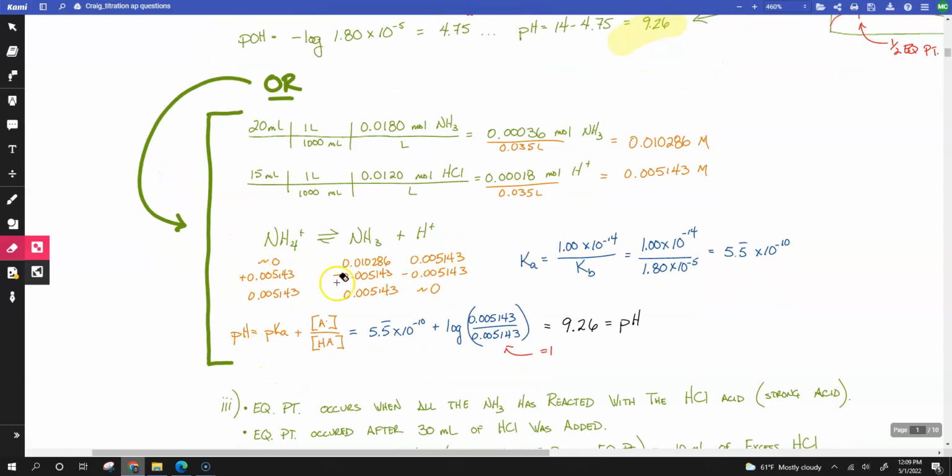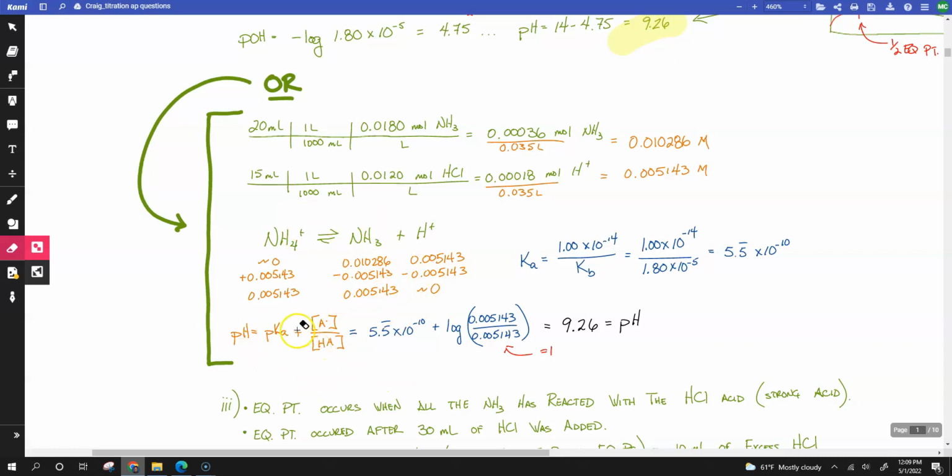Come to your ICE chart and say, okay, whichever one is smaller goes to 0. We're not at the equivalence point because we need to have the same number of moles, and we know that at the equivalence point it's 30 mL of HCl to equal the number of moles. So knowing that I have less hydrogen, the hydrogen will go to 0. It will not fully react with all the ammonia. We will have some ammonia left over.